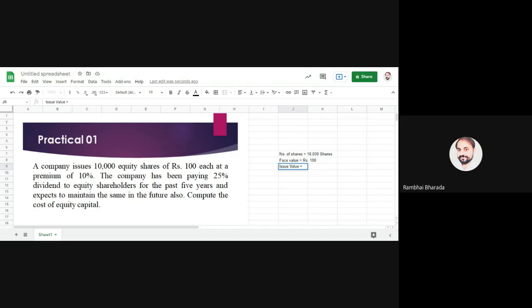Whenever we have any premium, that means face value plus premium. If we have a discount, we need to deduct it. Face value is 100 and premium is 10% of 100, so your issue price will be 110.